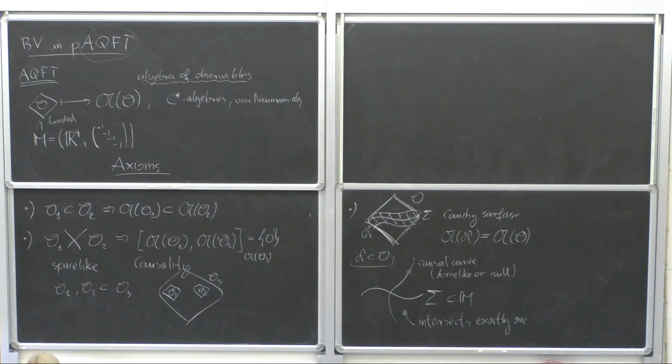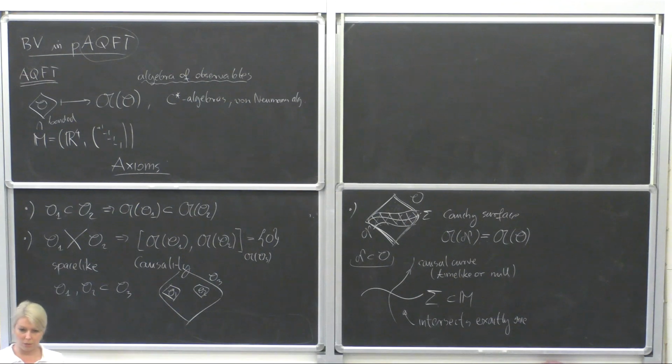You're saying the complement of sigma will be disconnected. Sure, yes, that's a correct statement. And O is one of the components? No, O is the whole set for which sigma is the Cauchy surface.